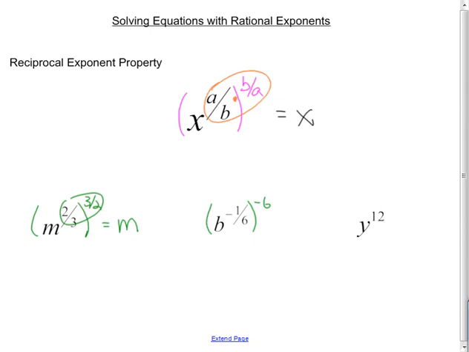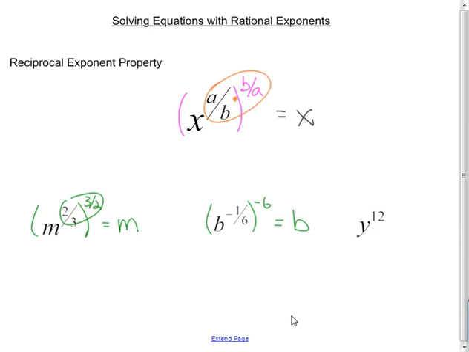When you take the reciprocal of a number, its sign does not change. Some people confuse this with the opposite reciprocal from perpendicular lines learned long ago, but opposite reciprocal is particular to that type of problem, not here. So b to the negative 1/6 all raised to the negative 6 has exponents with product 1, leaving me with b to the first, written as b.